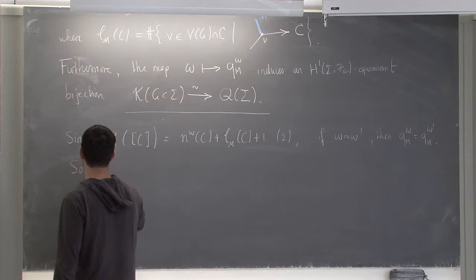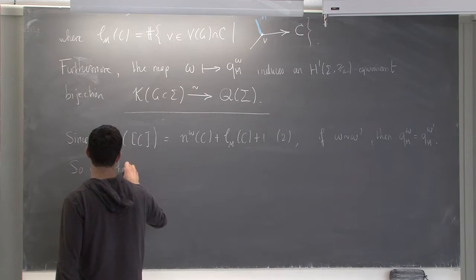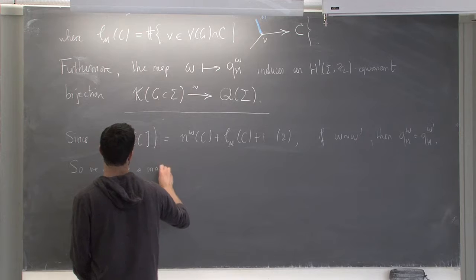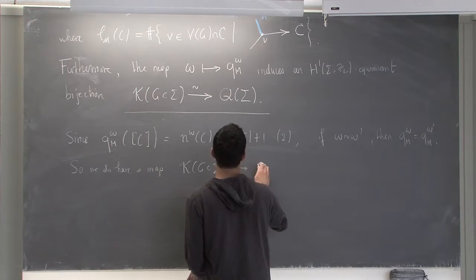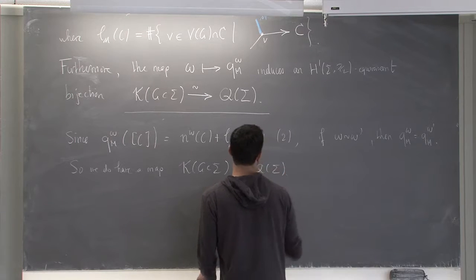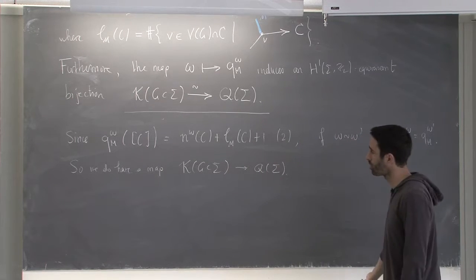So we do have a map from the set of equivalence classes of Castellan orientations to the set of quadratic forms.